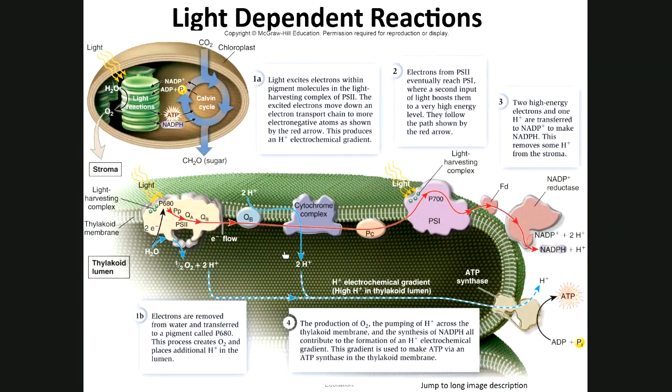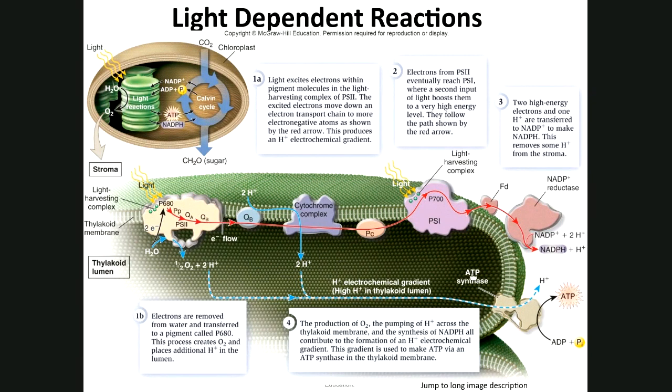Now we have a hydrogen ion concentration, or an electrochemical gradient. So okay, we have a hydrogen ion gradient, and this hydrogen ion gradient allows us to make ATP indirectly. As you know, we have a movement always from high concentration to low concentration, as I said.